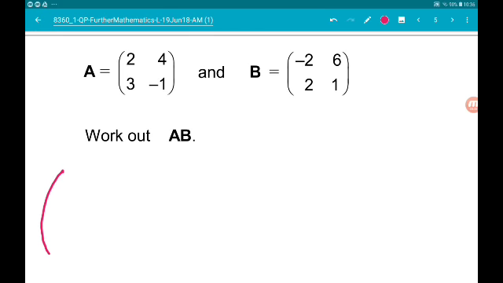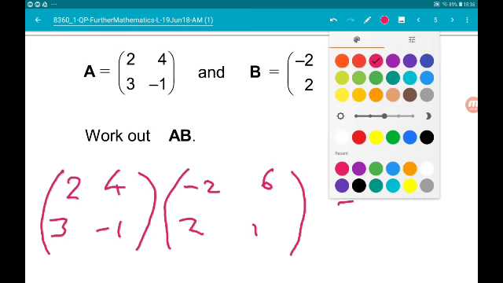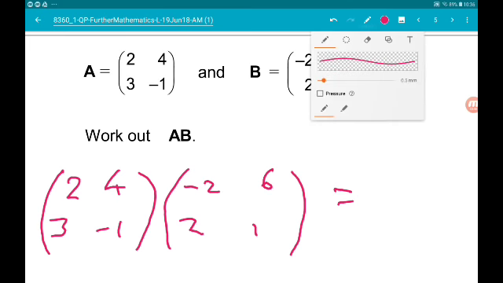We've got (2, 4, 3, -1) times (-2, 6, 2, 1).